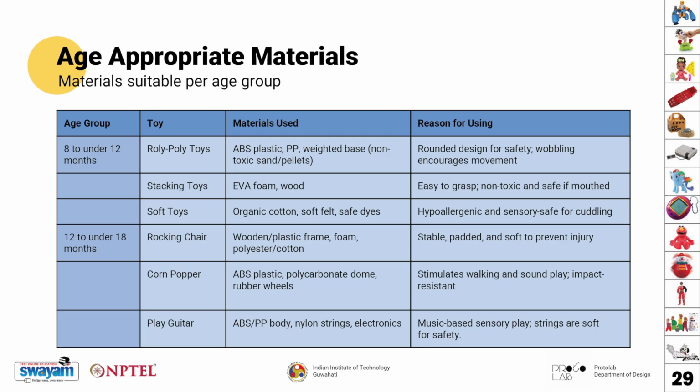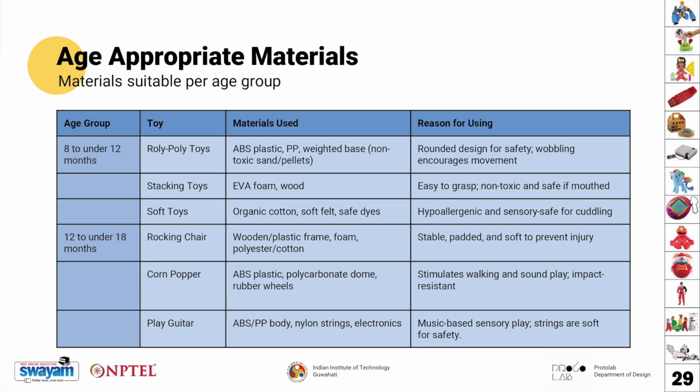Moving to the 12 to under 18 month age group, toys begin to support balance, walking, and imaginative interaction. For example, a rocking chair designed for toddlers usually has a wooden or plastic frame with foam padding and polyester or cotton covering. This ensures stability and softness, reducing the risk of injury during play.